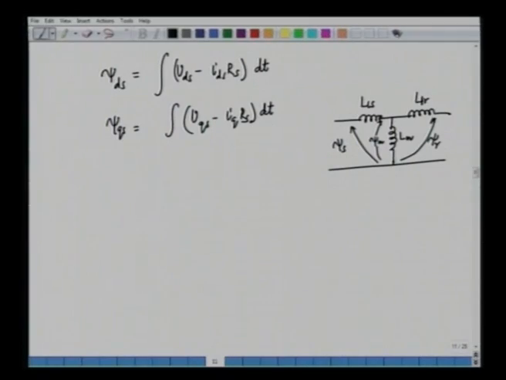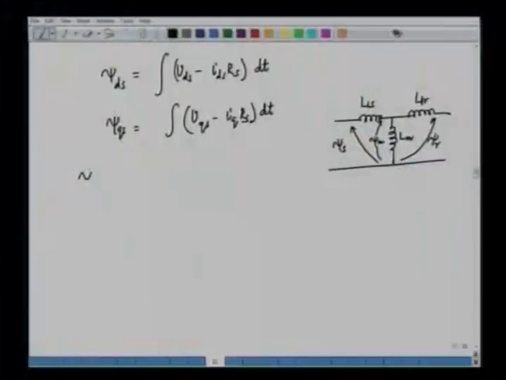So, what we have done here, we have been able to find out the stator flux linkage, that is psi ds and psi qs. From that we can evaluate the air gap flux linkage or the magnetizing flux linkage, psi dm and psi qm. So, we know that psi dm is equal to psi ds minus the stator leakage flux, that is Ls IDS, where this is the stator current and this is the rotor current.